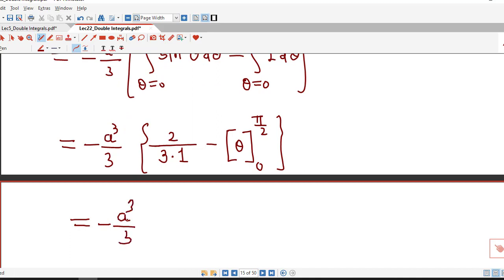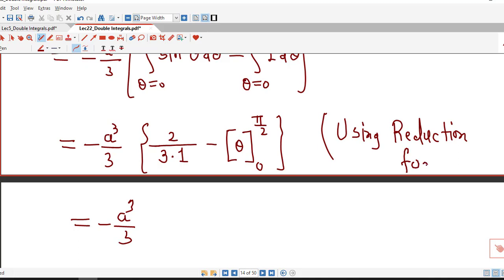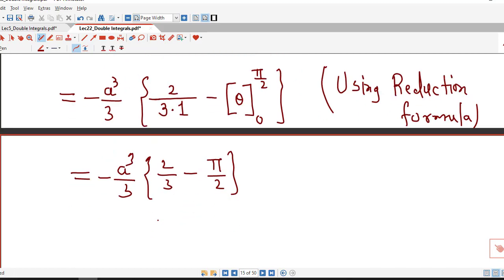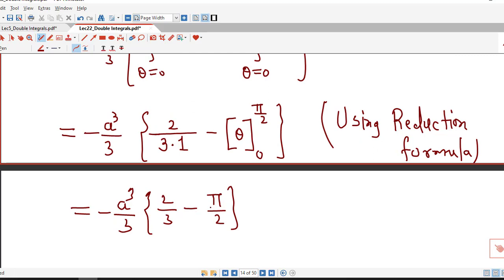Okay, we evaluate the first integral. So now this is going to be 2 by 3 minus pi by 2 minus 0, that is pi by 2. Okay, so this is the value of the given double integral in polar form.